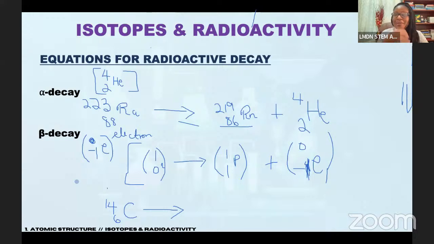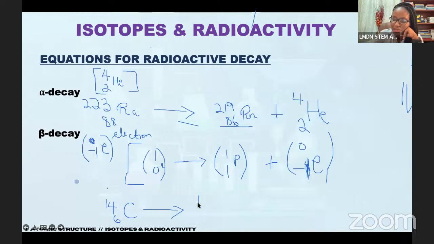What are we getting? What element are we going to get? What element is that? And that's fascinating too in and of itself. Think about it. What element are we getting, Beyonce? I'm going to write it and you tell me.